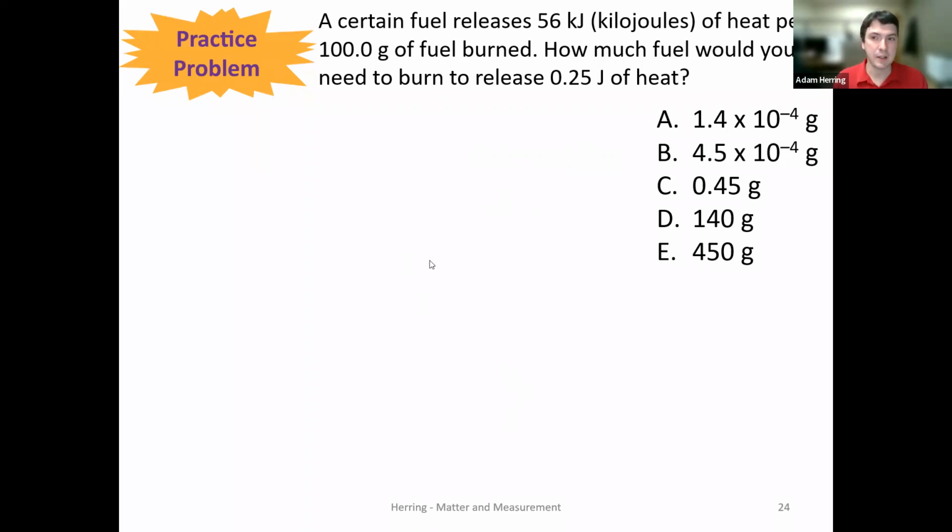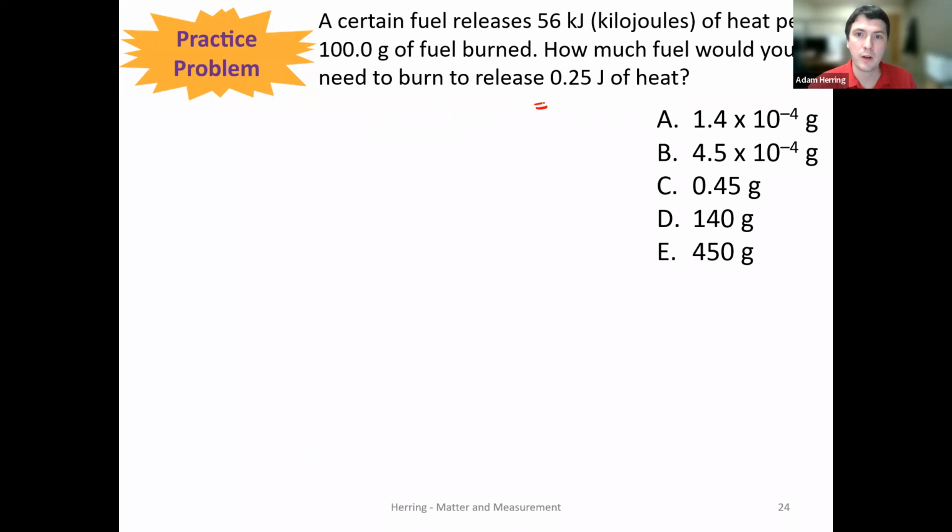So this one doesn't involve density, but it does involve a similar approach to what we saw before. What we see here is that we have a certain desired amount of heat that we want to produce, and we want to know how much mass is required in order to make that possible. So we can use dimensional analysis to solve this.